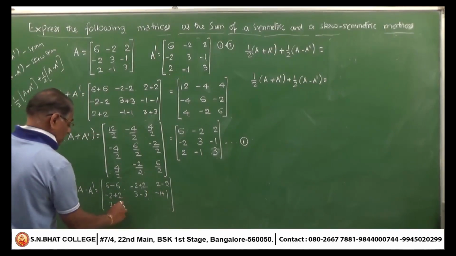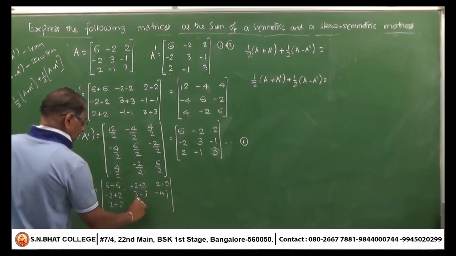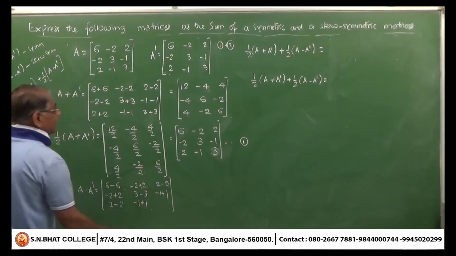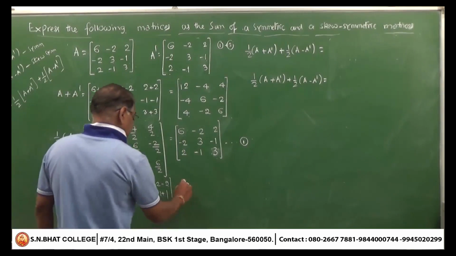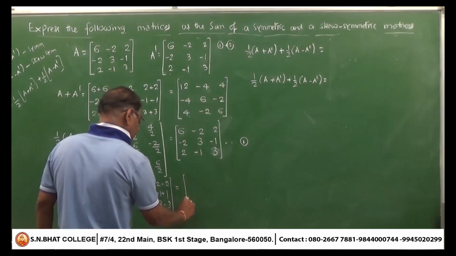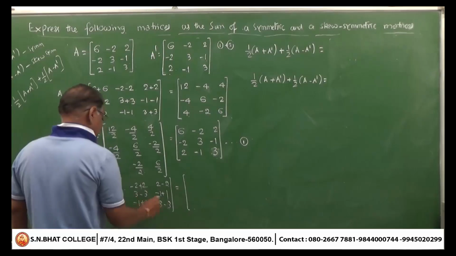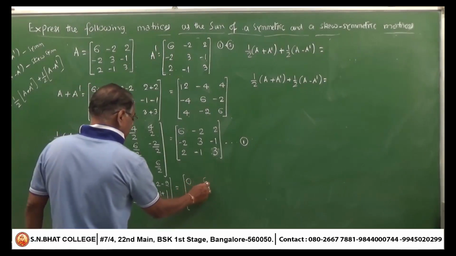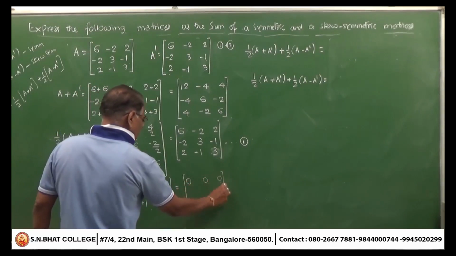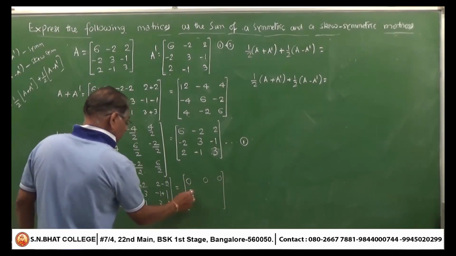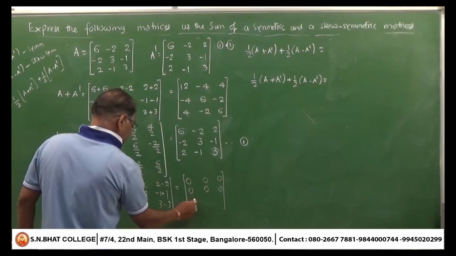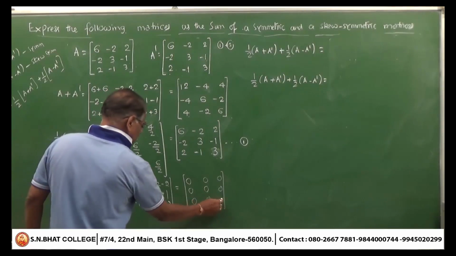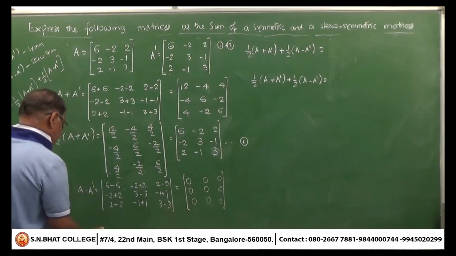Next, 2 minus 2, minus 1 minus of minus 1 is plus 1, 3 minus 3, which is nothing but all zeros.